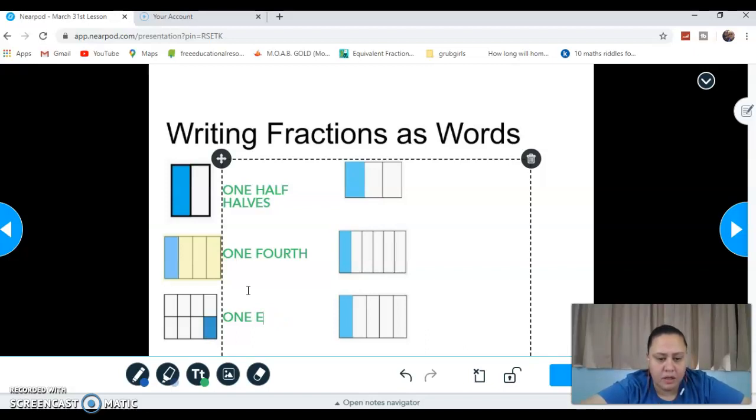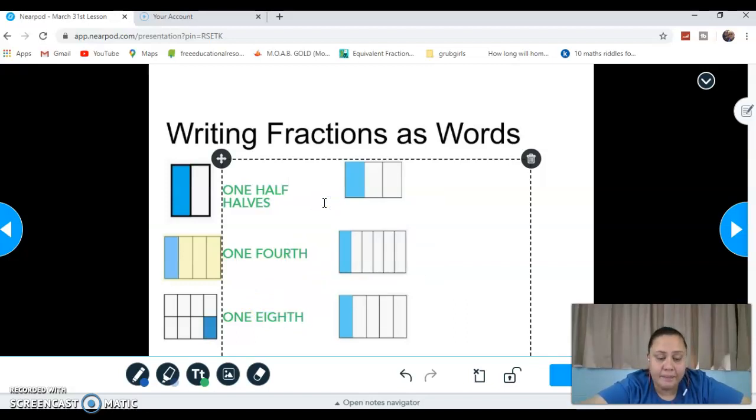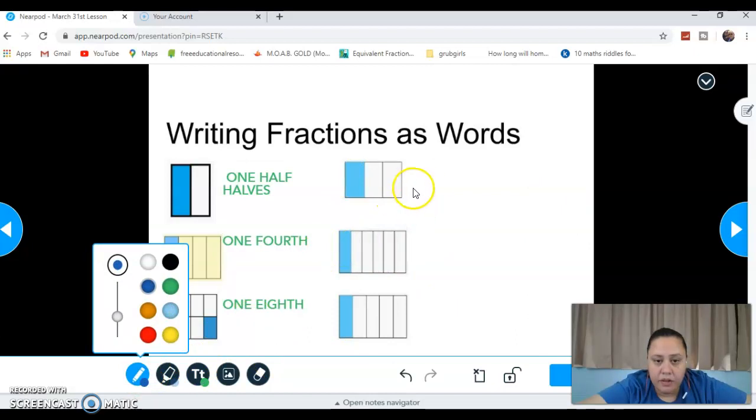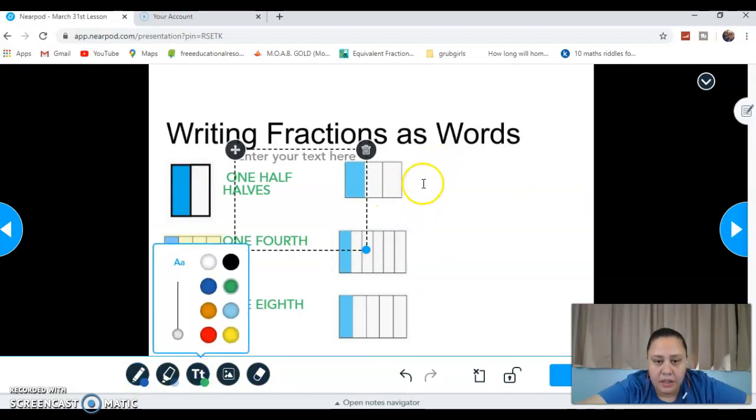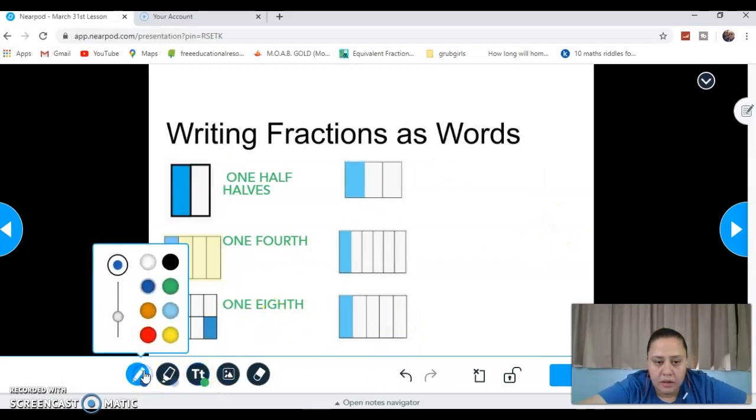I'm spelling that wrong. Oh my gosh, hold on. There you go. Sorry about that. 1/8. If we shaded 2, it'd be 2/8. 3, 3/8. What I want you to focus on are these, guys. Halves, fourths, eighths. If we were to do this one, okay.